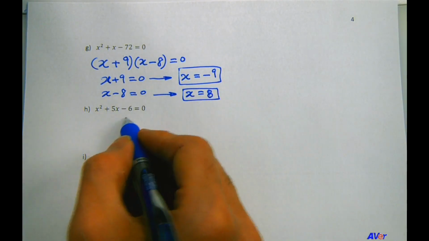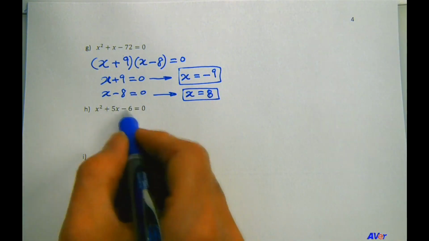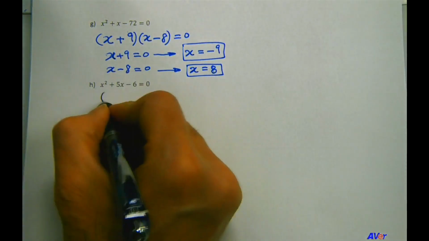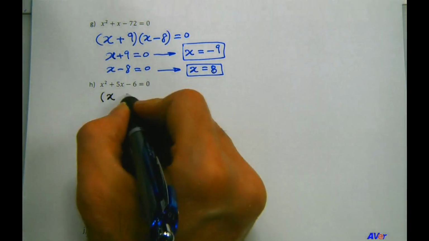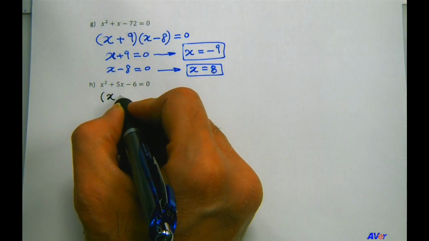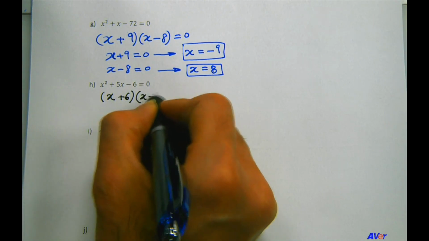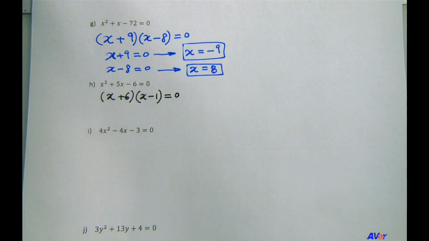This one also is an easy quadratic equation to factor. So let's do that. Otherwise, we could use the quadratic formula. So x plus 6 times x minus 1 would be the factorization of that.